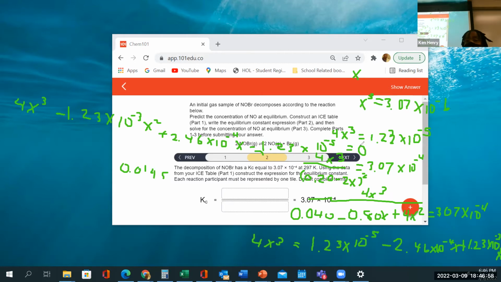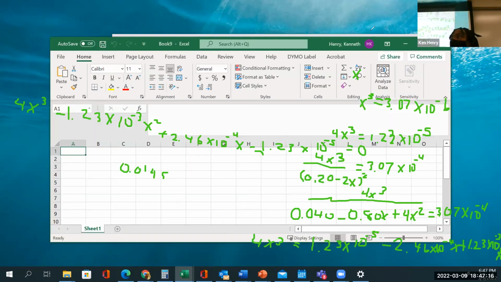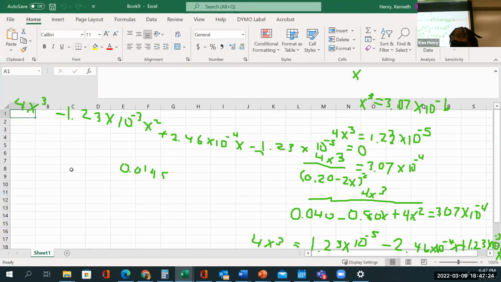Okay, so let me show you how I would go about solving it. Okay, you see my beautiful spreadsheet? I'm going to type in the equation.